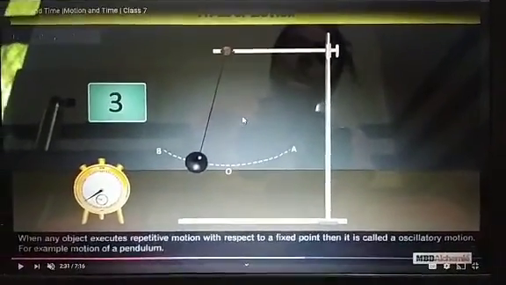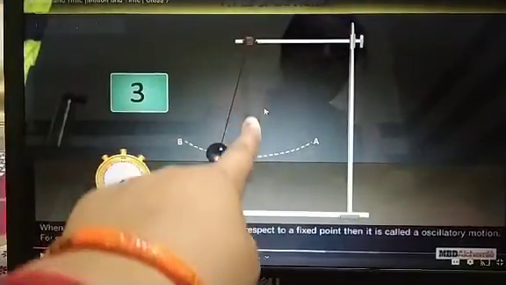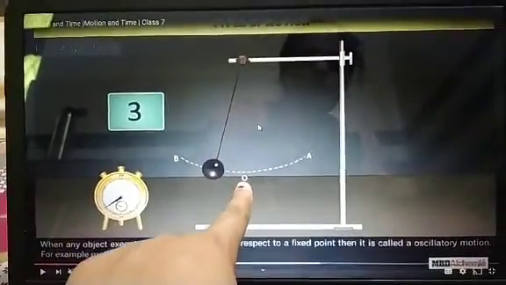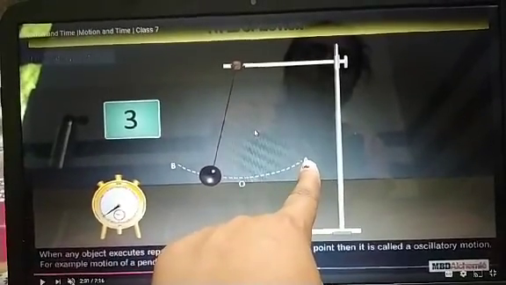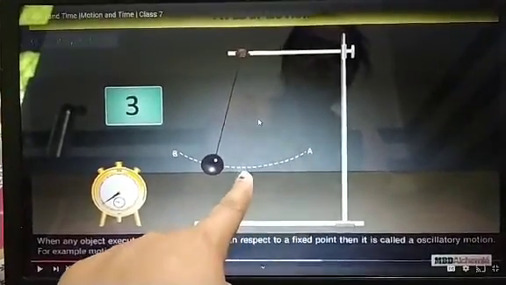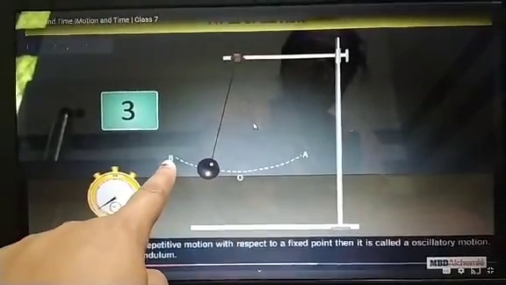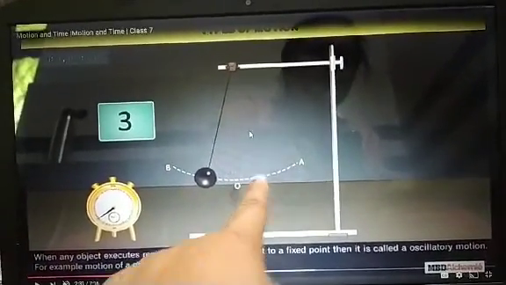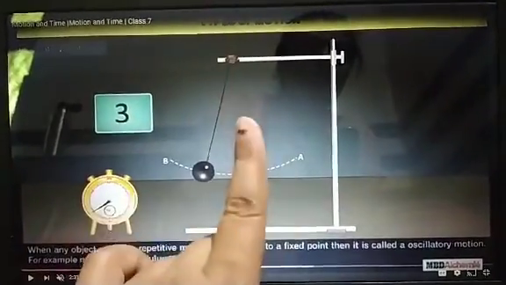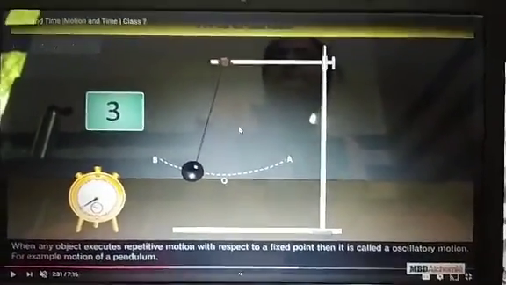If someone asks you what do you mean by oscillation, then what is oscillation? When this pendulum is at point O, it will move to point A, the extreme point, and again come back to its mean point, and then on the other end to point B, and again come back to point O. This complete motion is known as one oscillation. I am repeating it again.